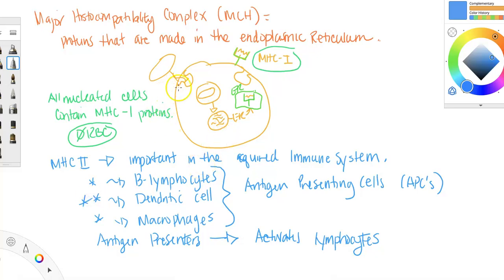All right. All other nucleated cells, all nucleated cells have MHC1 proteins. Okay, so keep that in mind. That's going to be very important as we are getting into talking about the acquired or adaptive immune system.